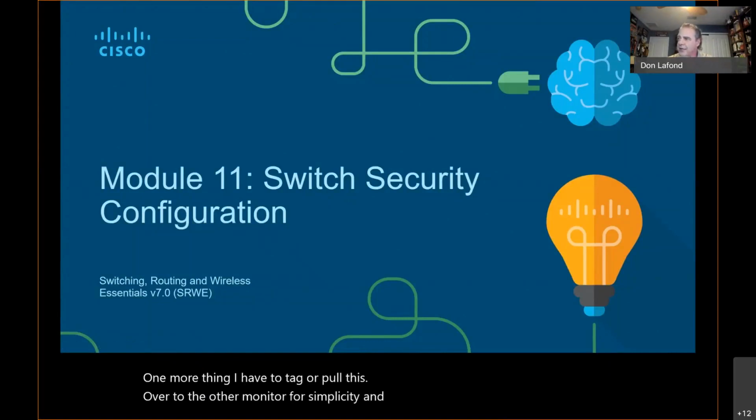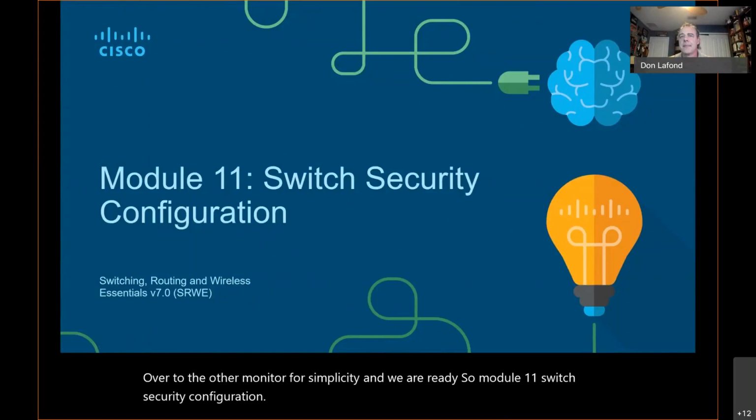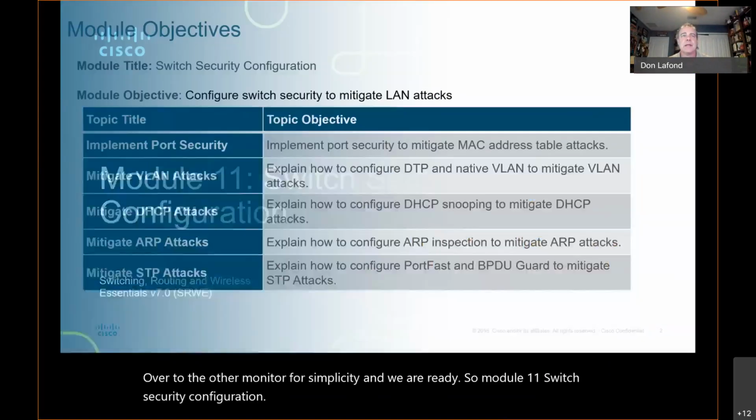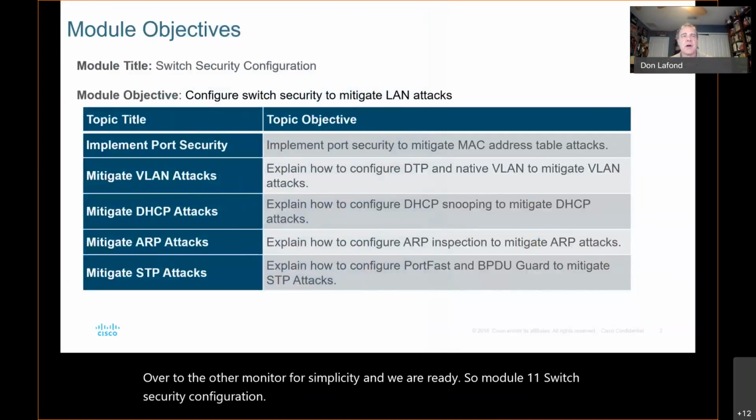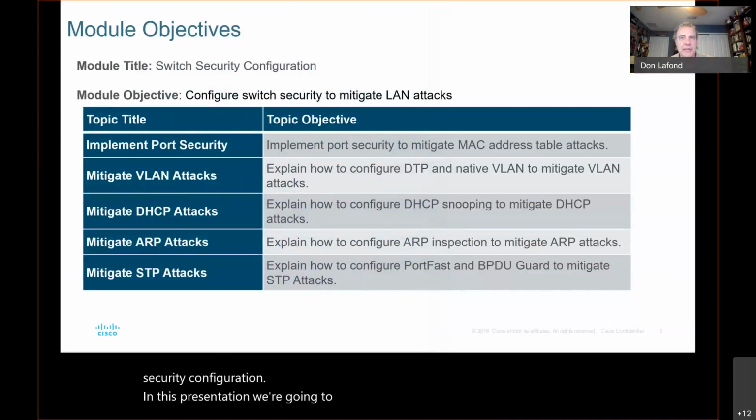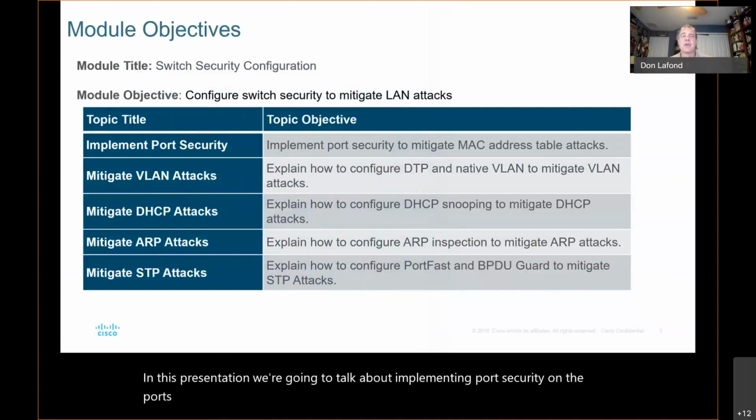So Module 11, Switch Security Configuration. In this presentation, we're going to talk about implementing port security on the ports on a switch. We're going to talk about the actual VLAN attacks, what they are, and how to mitigate them.